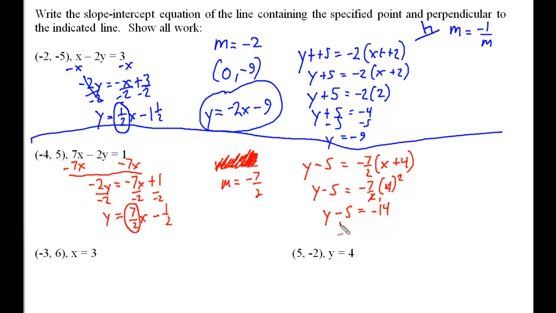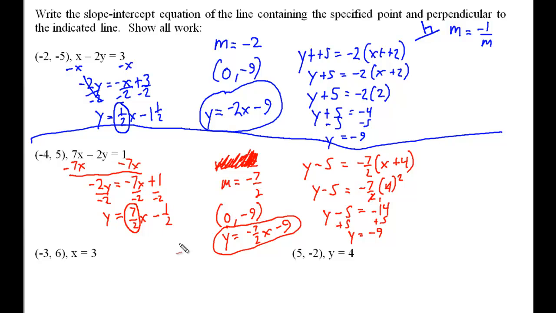Now we're going to add the 5 to both sides, and you're going to find out that y is going to be equal to negative 9. And there's my y-intercept, (0, -9). So my equation, y equals negative 7 halves x minus 9, is the perpendicular, the 90-degree angle, to y equals 7 halves x minus 1 half.